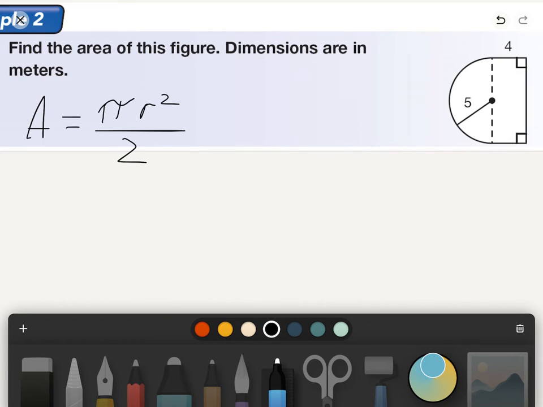Give you a moment. Okay, or we can say 3.14 times 25 square meters, and then we take the value of that, divide it by 2.